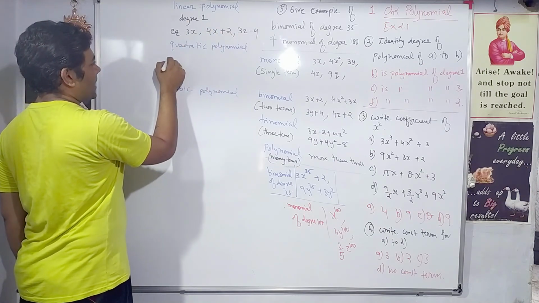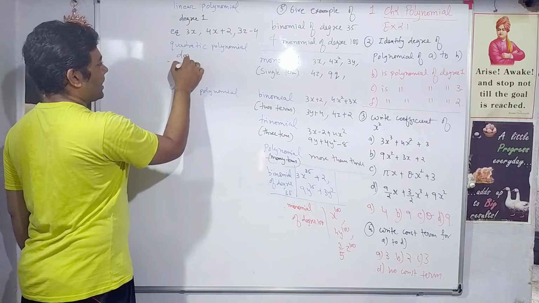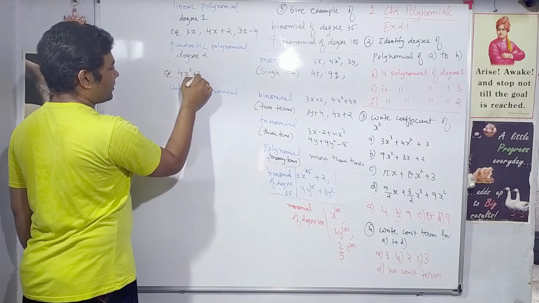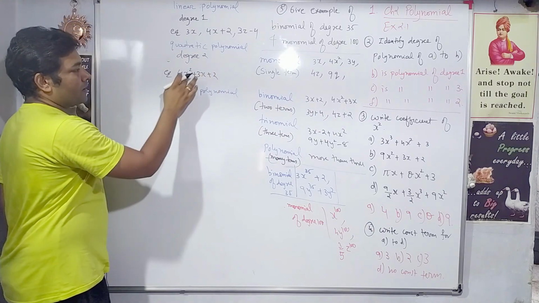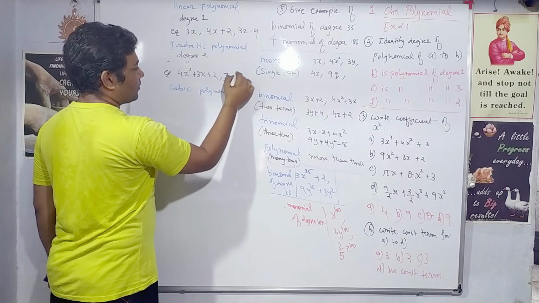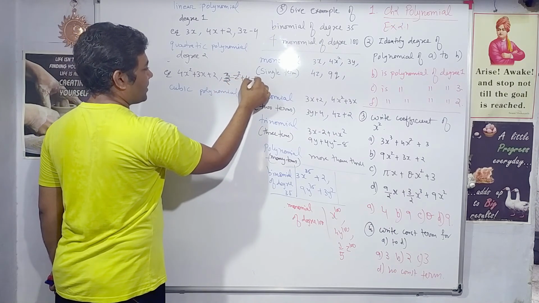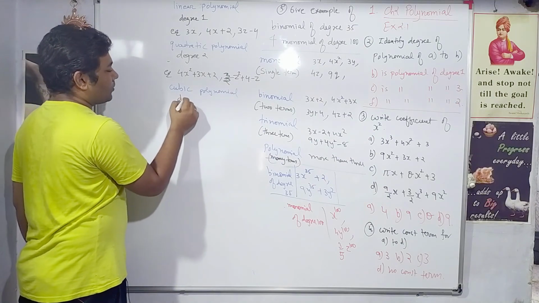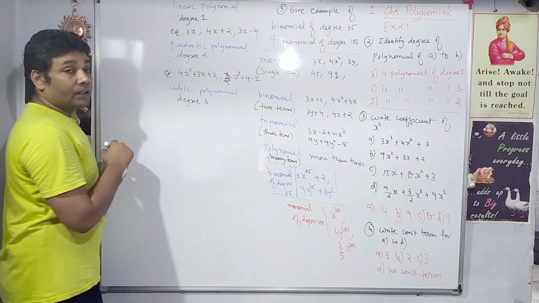Quadratic has highest degree 2. It will have a degree equal to 2. Let us take an example. 4x square plus 3x plus 2. So see, highest degree is 2. 3 by 2 z square plus 4 minus z, highest degree is again 2, right? And in case of the cubic, degree will be 3.